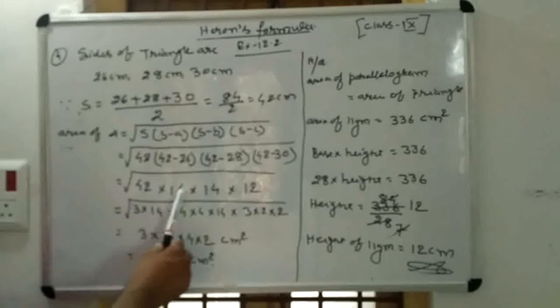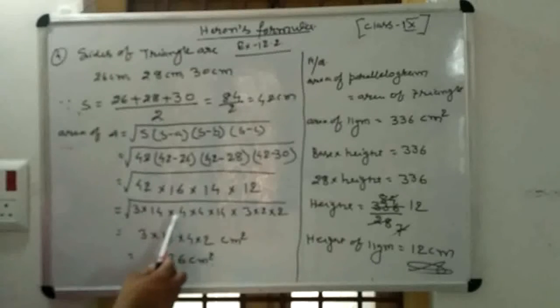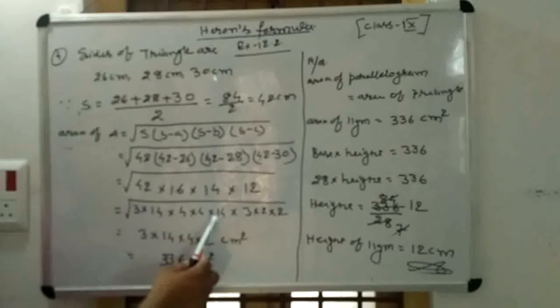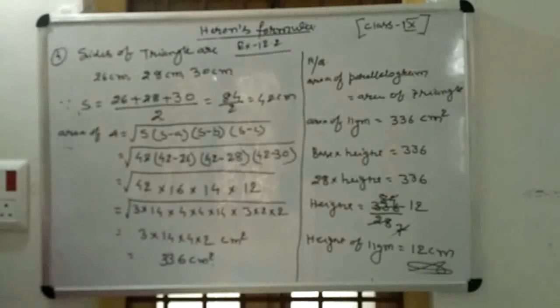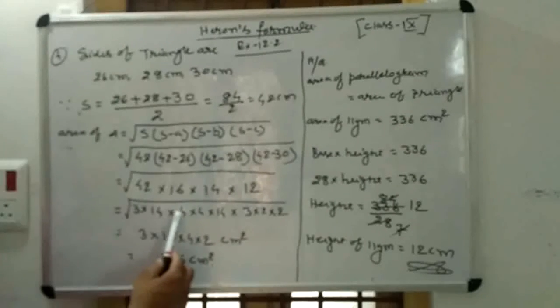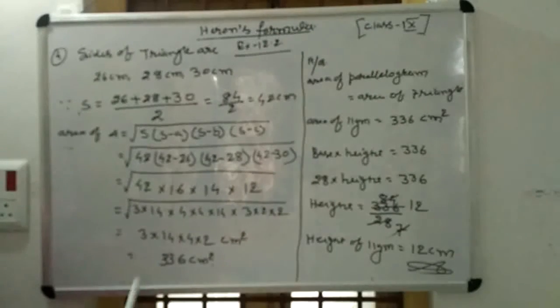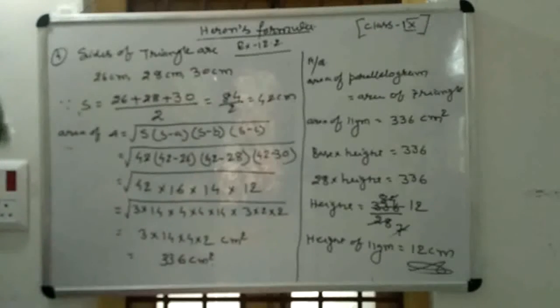Now we try to make pairs of each number within the square root. So 42 can be written as 3 into 14, 16 as 4 into 4, 14 as it is, and 12 as 3 into 2 into 2. We see that 3 is in pair, 14 is in pair, 4 is in pair and 2 is in pair. So multiplying all together, we got 336 centimeter square as the area of the triangle.